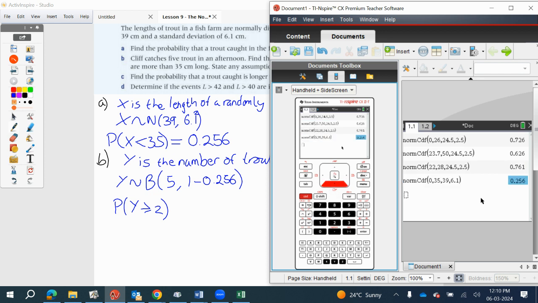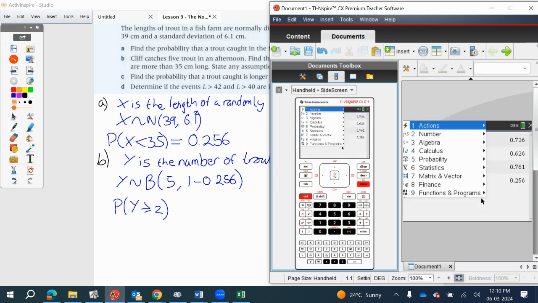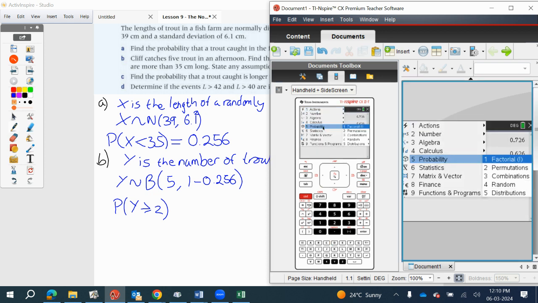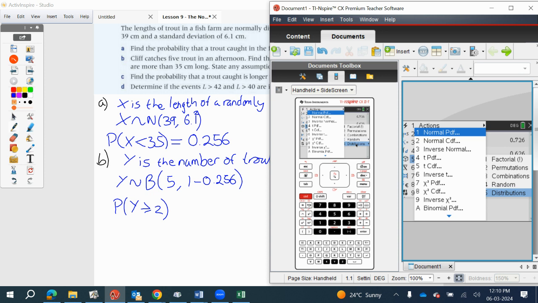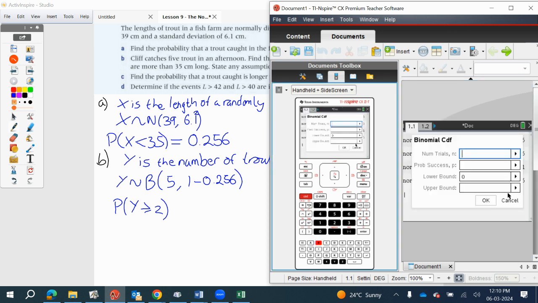If I select this, I want to press Control C, so I copy the value. Then I move down here, I can press Menu, Probability, Distributions, and this is a binomial CDF. So number of trials, 5. Probability of success, 1 minus, then I can press Control V.